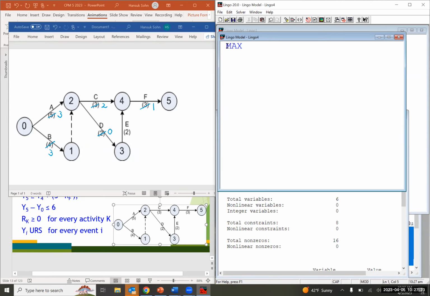Dual LP is the maximization problem. We want to get the longest path from the start to the finishing node, right?